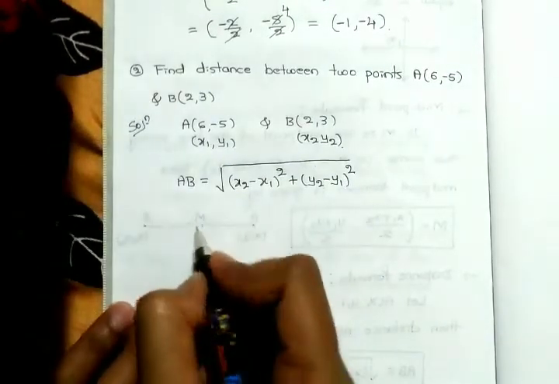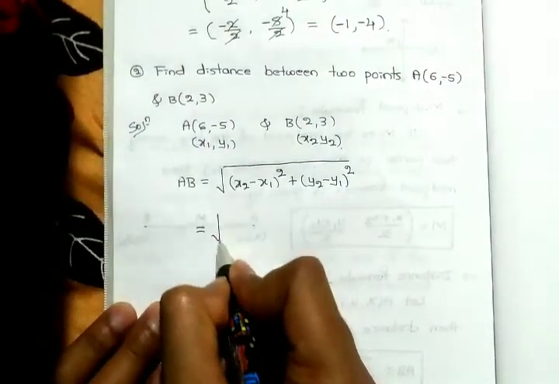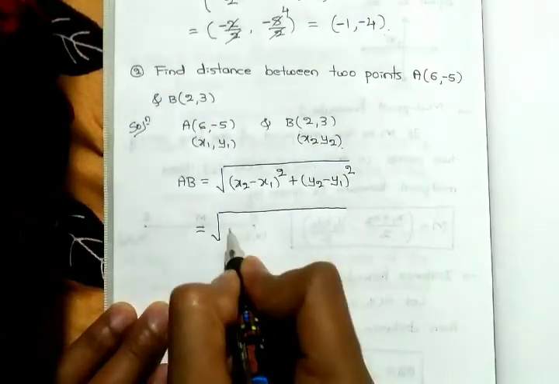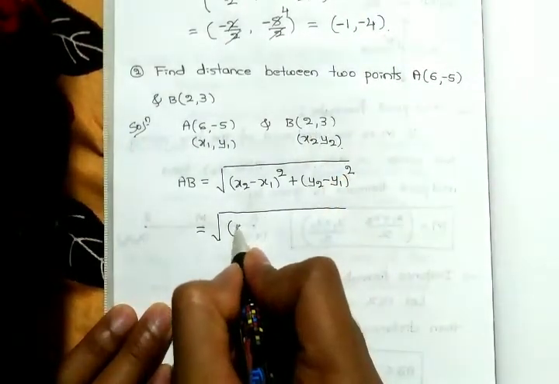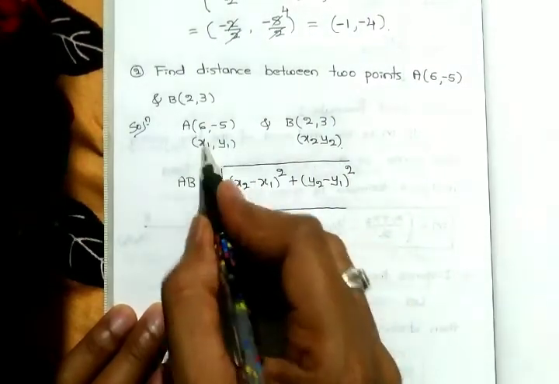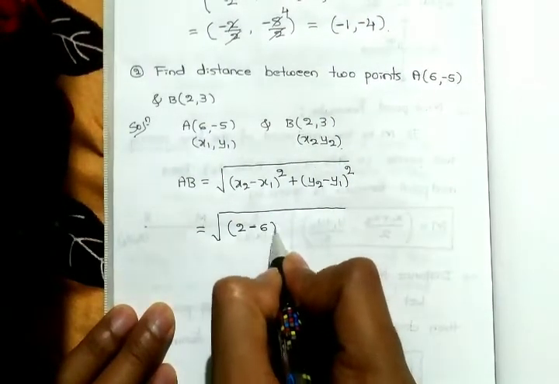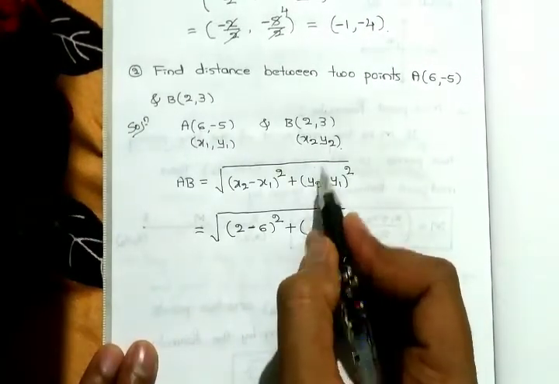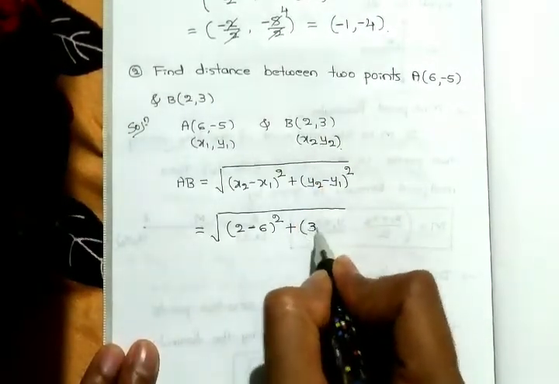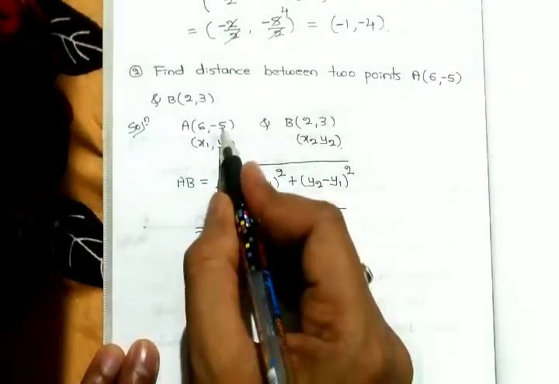So next substitute the values. Keep that square root as it is. In bracket x2, what is the x2 value here? 2. So 2 minus x1, x1 is 6, whole square, plus again in bracket y2, y2 is 3, middle negative sign, y1 is minus 5.